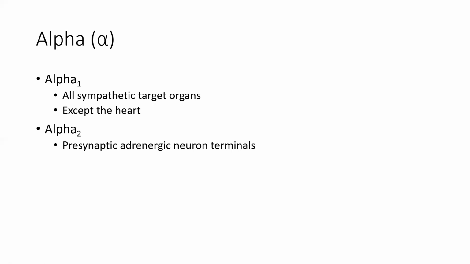So all the organs targeted by stress, by the sympathetic nervous system, have alpha 1, except the heart. The heart is an exception. Alpha 1 are not present on the heart. Alpha 2 are always present on the presynaptic adrenergic neuron terminals.